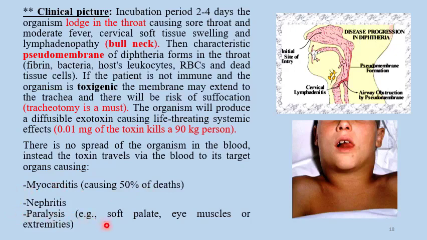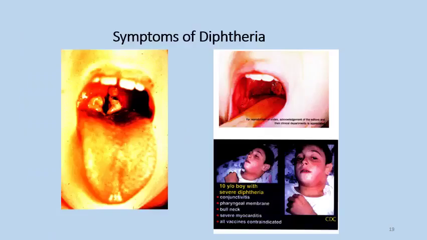It's only the soft palate, eye muscles, and the extremities, and it is reversible. This paralysis is reversible. If the person was treated properly, it is curable and the paralysis will go away, meaning the muscles will work normally again after treatment.